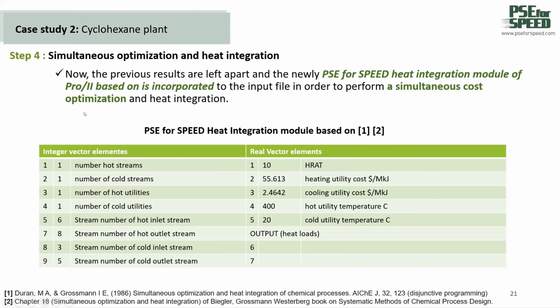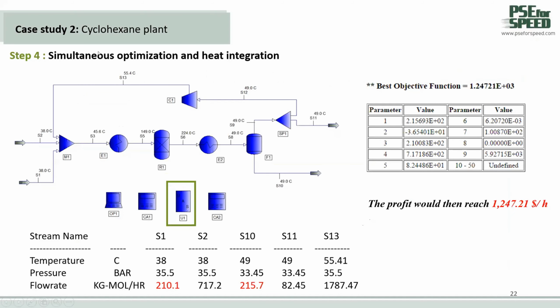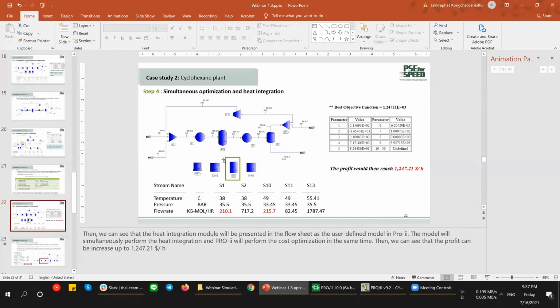And in Pro2, we need to put the information which includes the integer vector elements and real vector elements. In the flow sheet, we can see that there is one user-defined unit, and Pro2 will simultaneously do the optimization and heat integration at the same time if we put the PSE for SPEED model, which I will show in the demonstration.